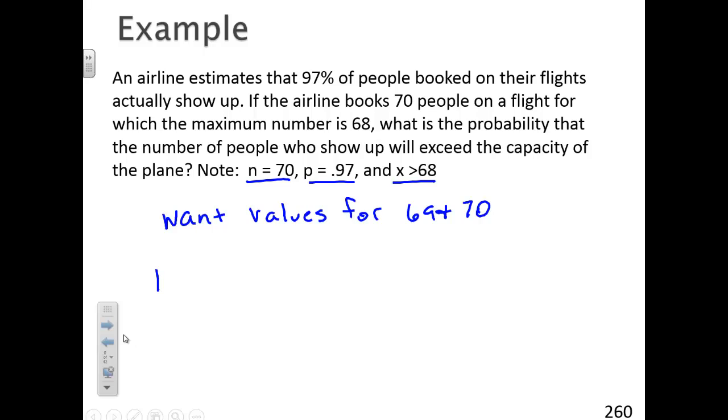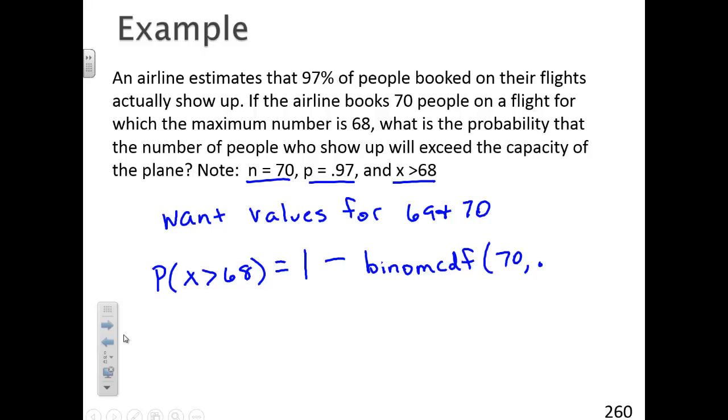What you do want to do is subtract the values up to 68 from 1. So 1 minus, and then we're going to ask it for the values up to 68. So the binomCDF, and our number of trials was 70.